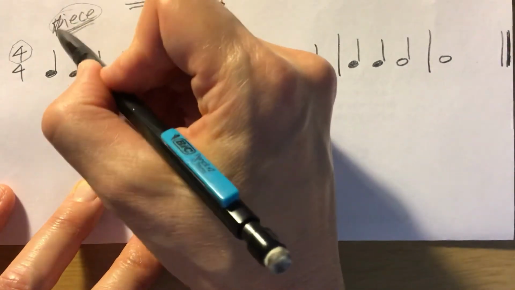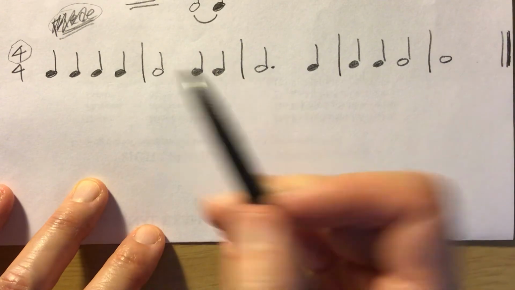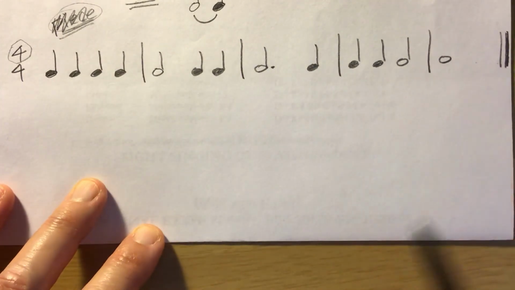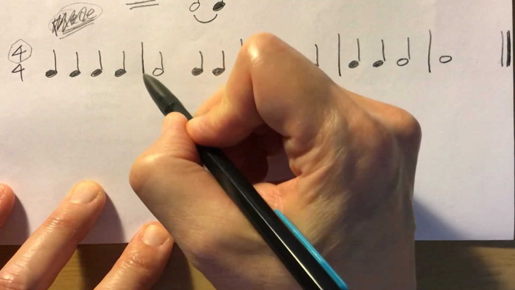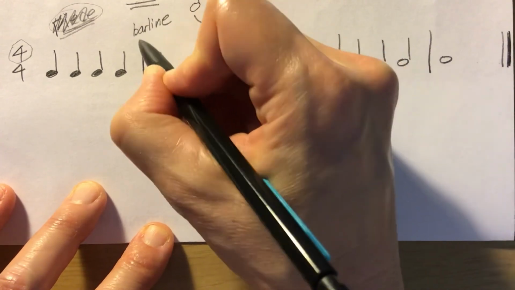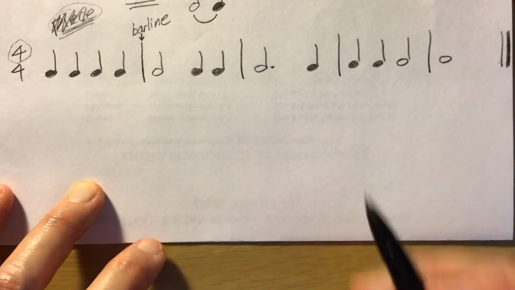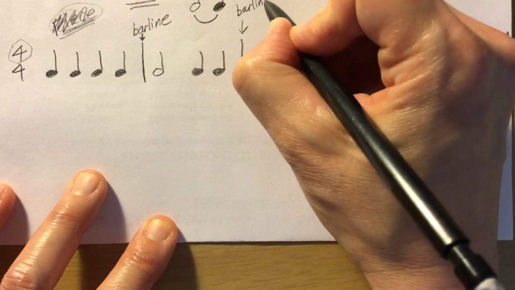So all pieces should start with a time signature. It tells you ahead of time how many beats to expect in the music you see. Now remember, this is called a bar line. I've made so many videos so far, I don't remember whether I've mentioned this yet. These are all bar lines.